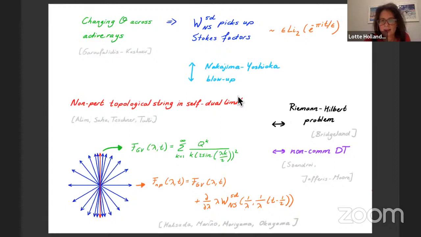You invoked it twice, so I'm very intrigued. I see. Well, if you look at this formula, it has factors which contain the Nekrasov-Shatashvili limit of the partition function as well as the self-dual limit. And I think that's usually how it's been used. So I didn't give many details.